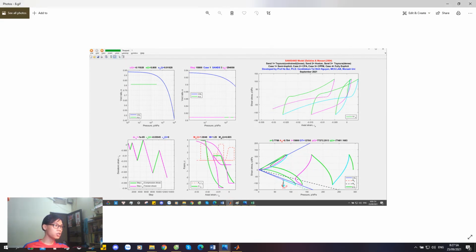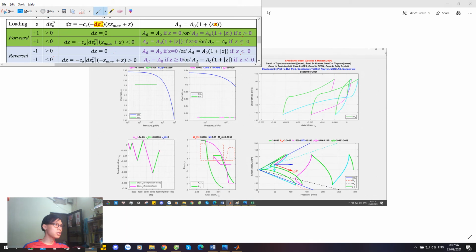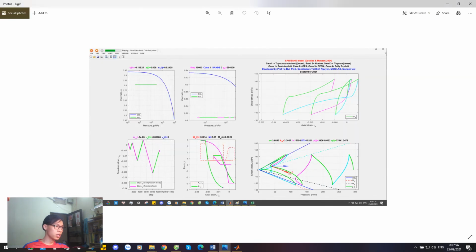But Z is still negative. Z is negative, so it will make AD negative and X is negative. We have this formulation. So you can see there, when Z did not change, we have the new AD over there, okay?